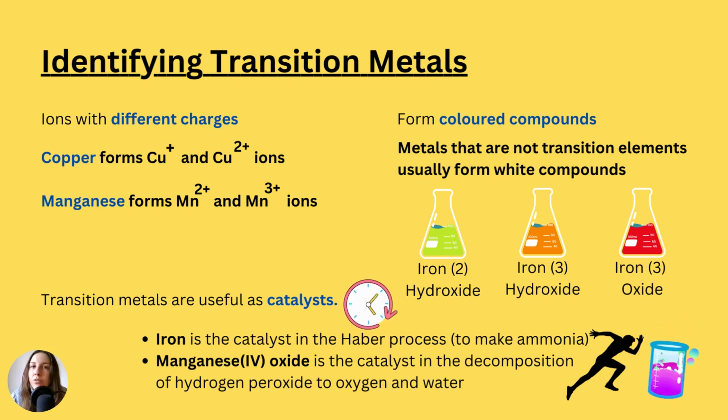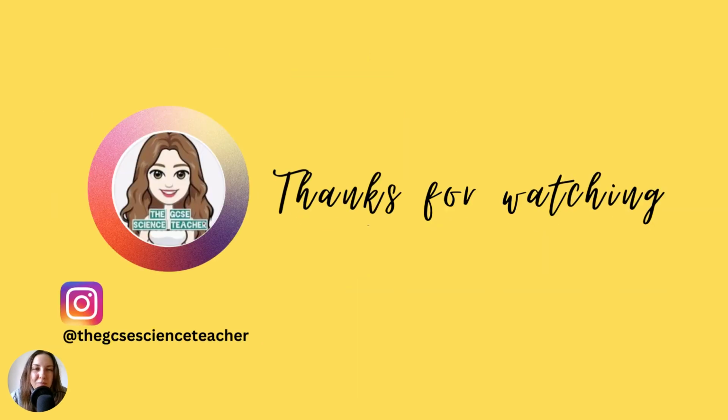So you can use it throughout different processes and make the reaction very efficient. An example being iron, which is a catalyst in the Haber process to make ammonia. You've got manganese oxide, which is also a catalyst in the decomposition of hydrogen peroxide to oxygen and water. Different types of reactions. And like I say, I will delve into this in another video in the future.